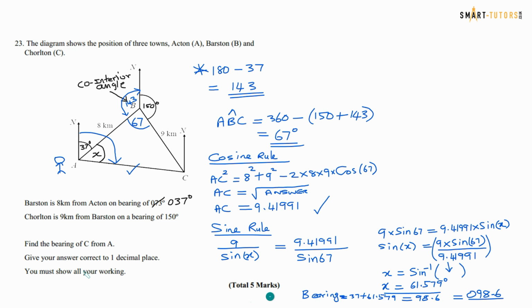From that you can find the angle X. Once you find the angle X, add that to the 37. That is 98.6. When you are writing the bearing, make sure you write 098.6. That is the final answer for question number 23.